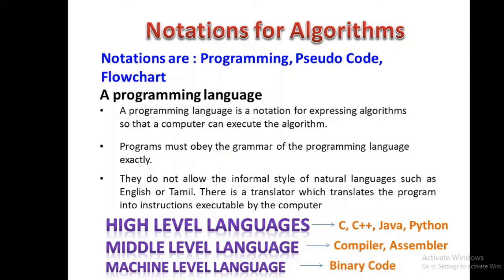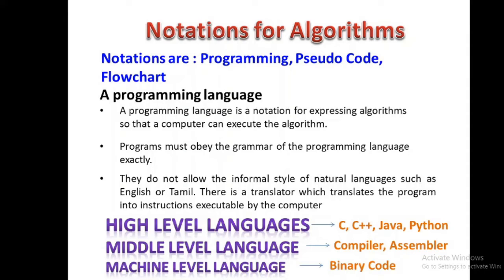So we want to know what a program is. A program is a sequence of statements telling the system what the system will do. The programming language helps to develop a program. A programming language is a notation for expressing an algorithm so that the computer can execute the algorithm.